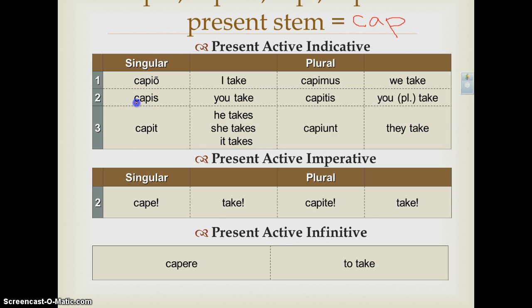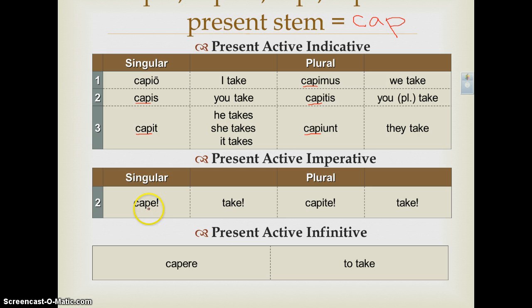So here we have our present stem, and then onto this present stem we are going to add the I, and the IU for the third person plural, and then O, S, T, MUS, TIS, NT. So capio, capis, capit, capimus, capitis, capiunt. And this particular verb means to take.